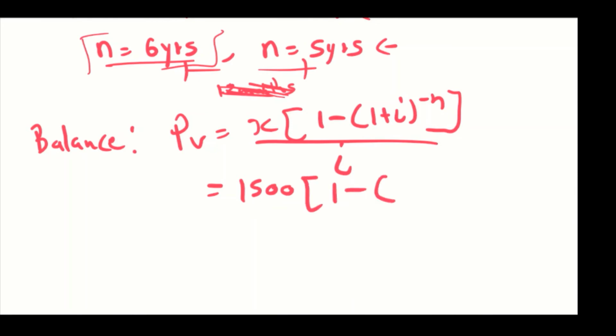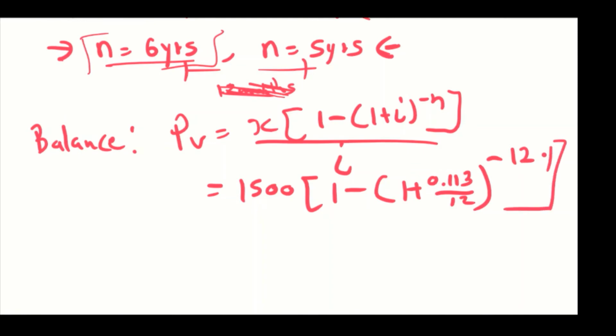So it's 1 minus (1 plus the interest rate of 13.3%, which is 0.113, divided by 12). Remember, we were looking at 6 years, but now we're looking at 5 years. So the difference between these two is just 1 year. So I'm going to write 12 for monthly and multiply by 1, and then divide by 0.113 over 12.